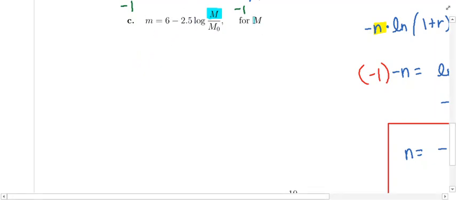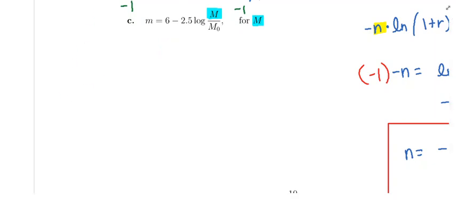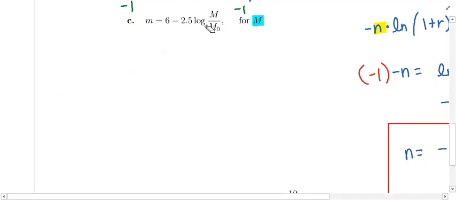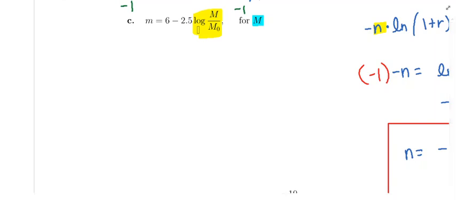So we are solving for capital M here. Since we're solving for capital M, it is trapped inside of the logarithm. So we need to isolate the logarithm first. And then once it's isolated, we can try to free the M.